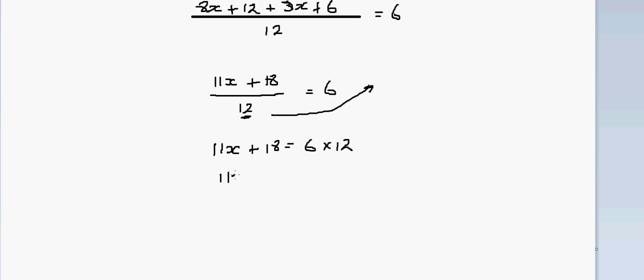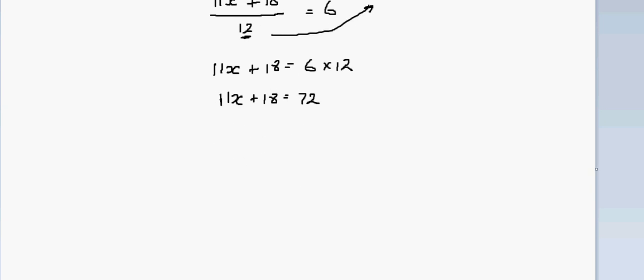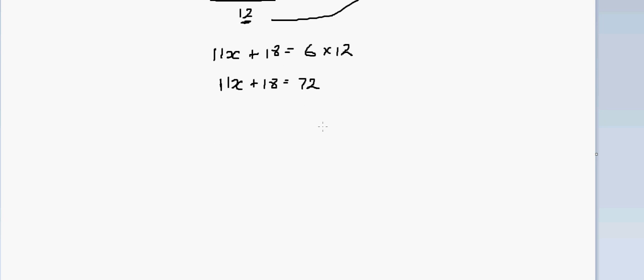So 11x plus 18 will give us 6 12s is 72. So now we're in quite a nice position because everything is in a straight line.